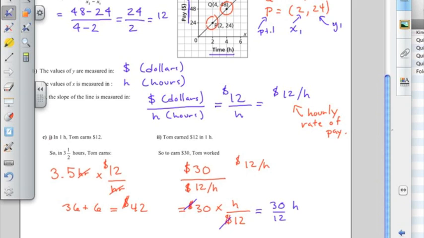So if you take 30 and divide it by 12, 2 times 12 is 24, so that's going to give you 2 hours, and you'll have a remainder of 6, so that's 6 over 12, which is a half, so 2.5 hours. So if Tom earned $30, that would mean that he had worked for 2.5 hours that day.